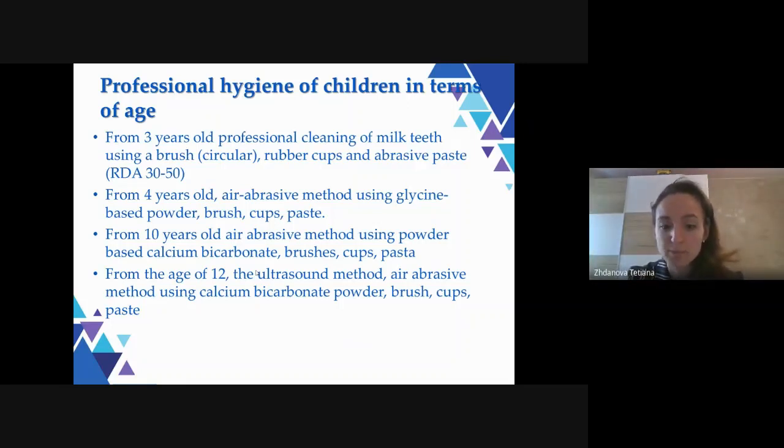From 10, we use calcium bicarbonate, brushes, cups, and paste. And from 12 years, also calcium bicarbonate powder, brush, cups, and paste.